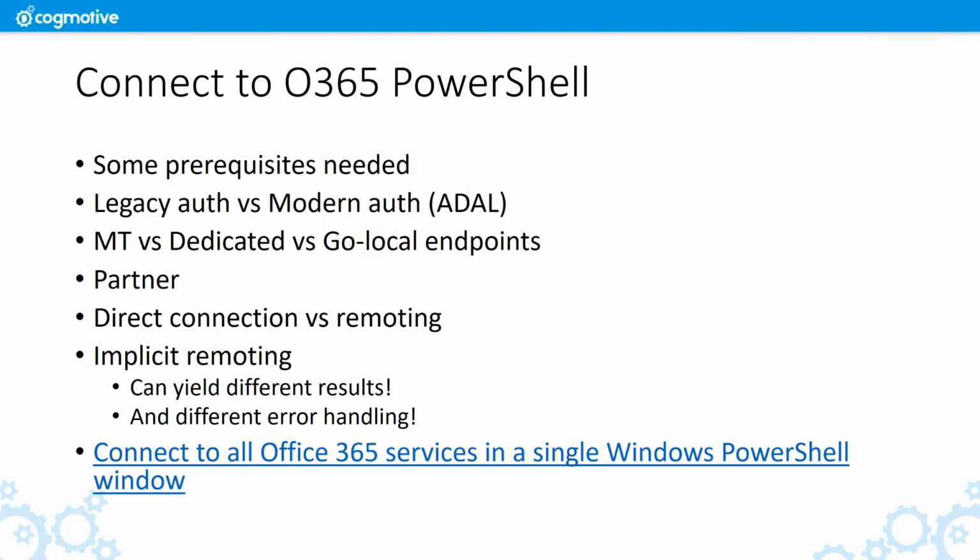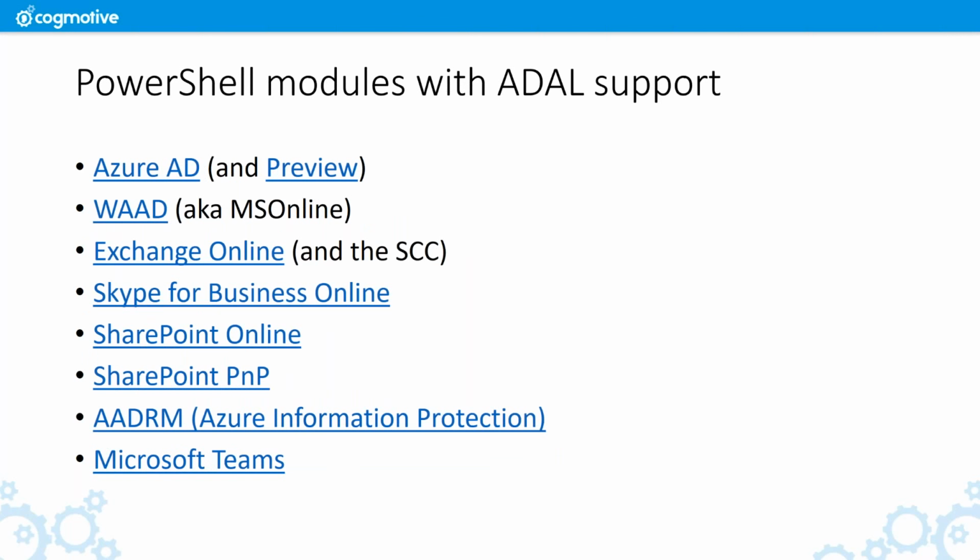And one thing that I will also want to highlight later on in the session is there is a difference between connecting directly and executing some PowerShell commandlets and using the so-called PowerShell remoting. But we'll talk about this in just a bit, and hopefully the example that I've prepared there will help you better understand the difference.